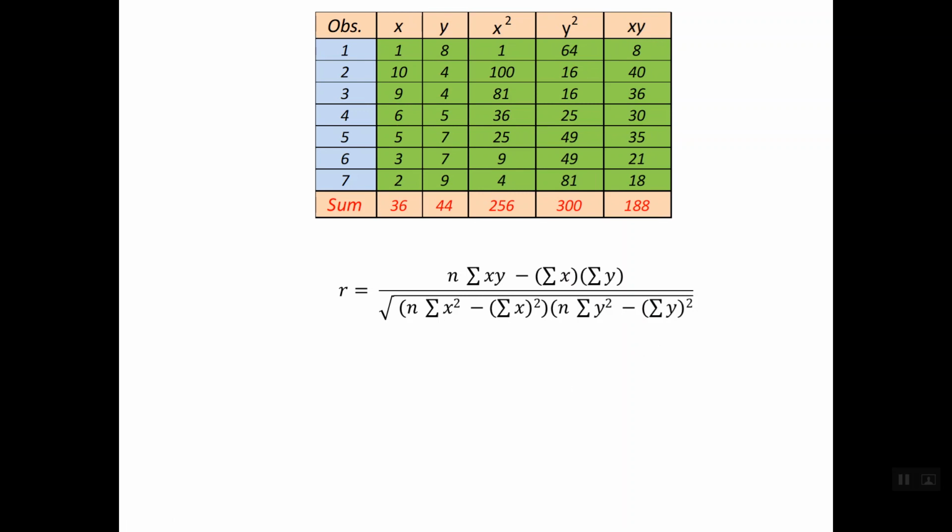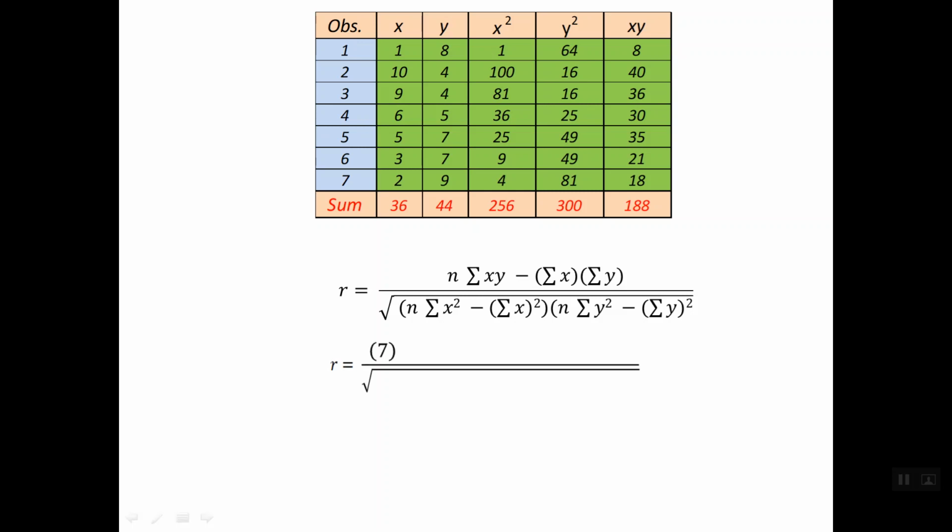So this is the first formula. Of course, if you have a program, it is better to use this formula, like using Excel. By Excel, you can do all these calculations simply.